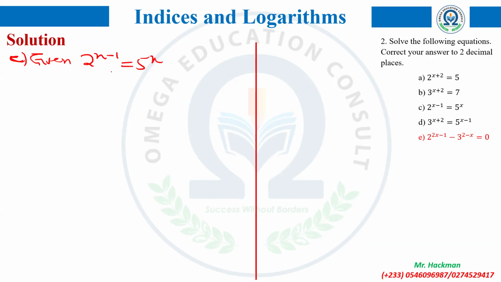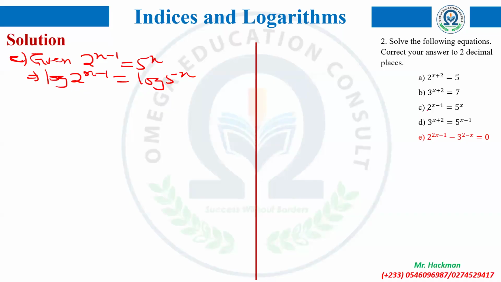So at this point, can we write the bases to be the same? No. So if that's the case, then we know what to do. We take log of both sides. We are going to have log 2 to the power x minus 1 is equal to log 5 to the power x.